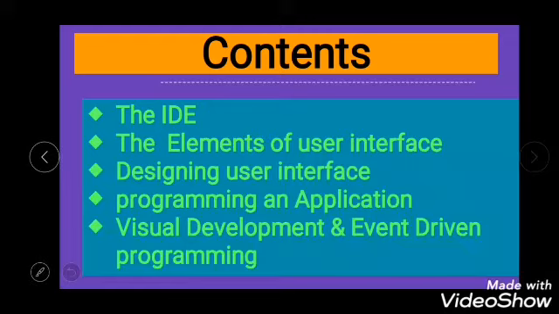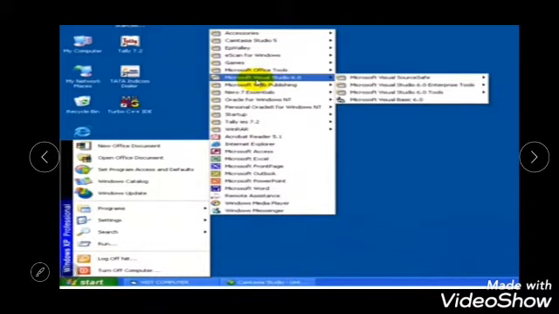Before starting, just take a look at how to start a Visual Basic interface on your system. For that you can click on the start button, then select program. In that you can search for Microsoft Visual Studio.